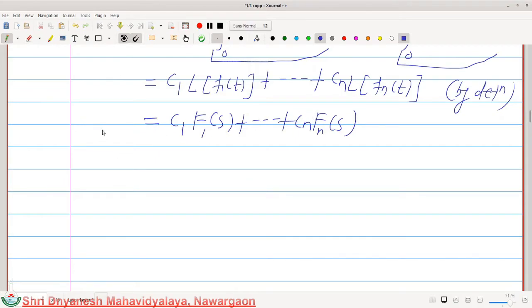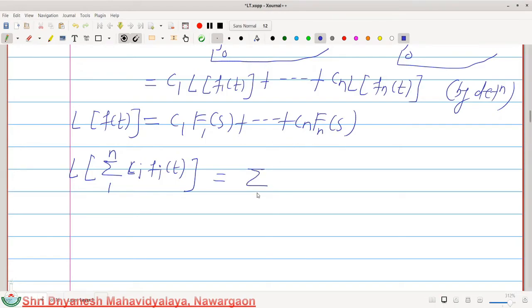So what is the left hand side following up? This is Laplace transform of f(t). Okay. So what was f(t)? It was the sum of product of constant ci and fi(t), i varying from 1 to n. And what this side has become?